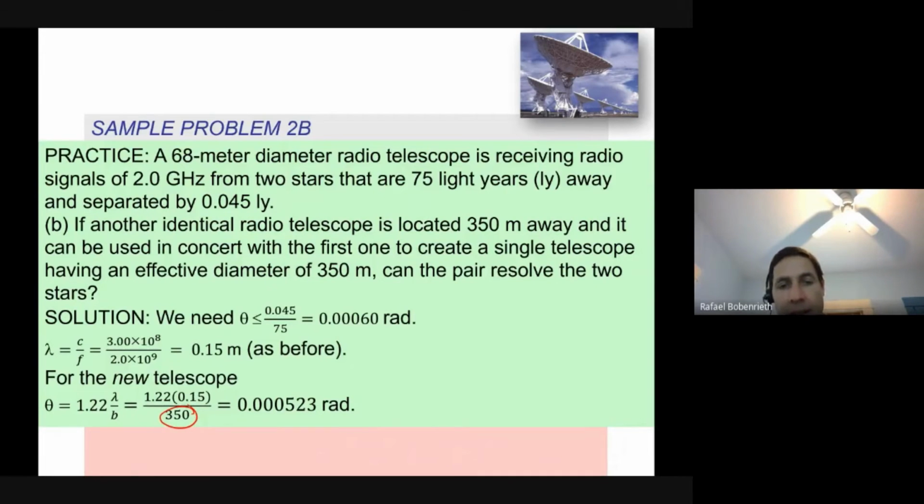And notice in this case, what we get is a capacity of the two telescopes together that is much more, what am I trying to say? Smaller. So in other words, 0.00523 radians is an angular resolution that is a little bit smaller than what is required to distinguish those two stars.